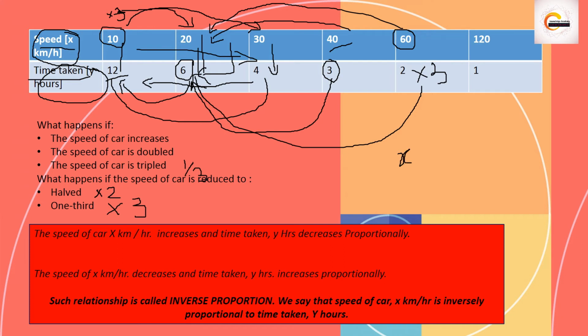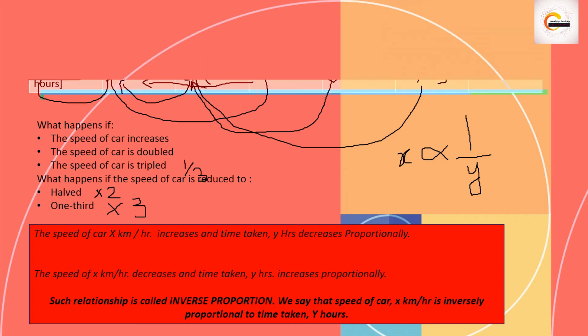We say that the speed of the car x is inversely proportional to the time taken, and we also represent this relationship like this: x is inversely proportional to y.